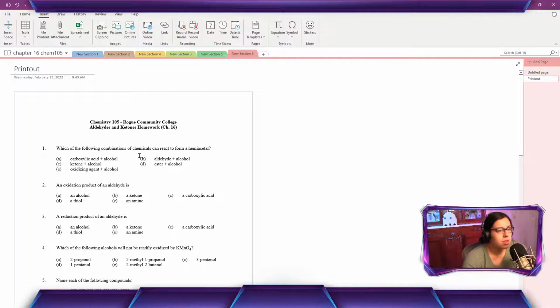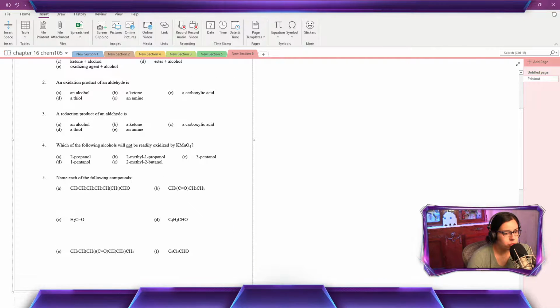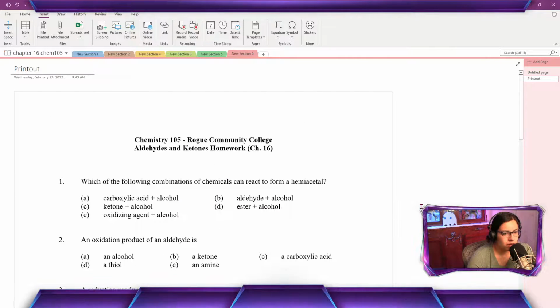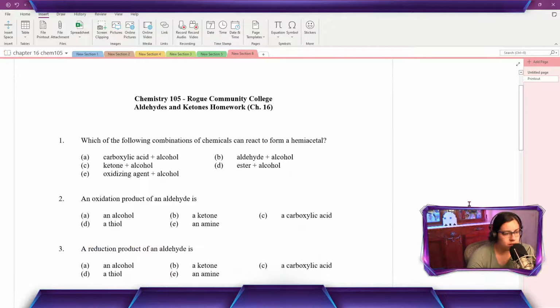So the first one, which of the following combinations of chemicals can react to form a hemiacetal? So we just did this one. And so which answer is it? So a hemiacetal, we need an aldehyde and an alcohol. So B.